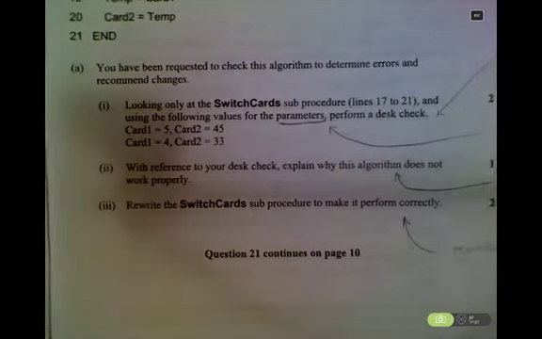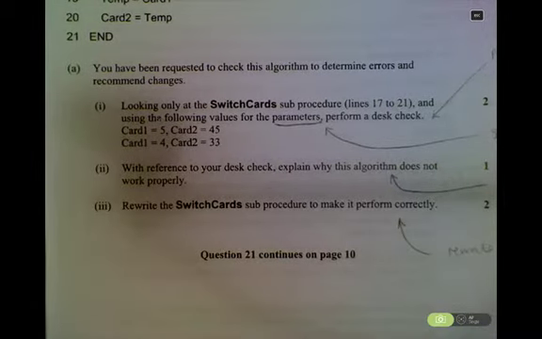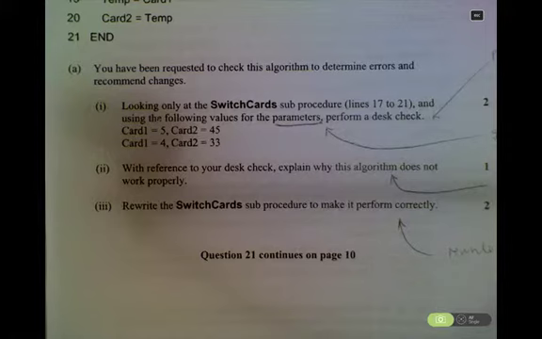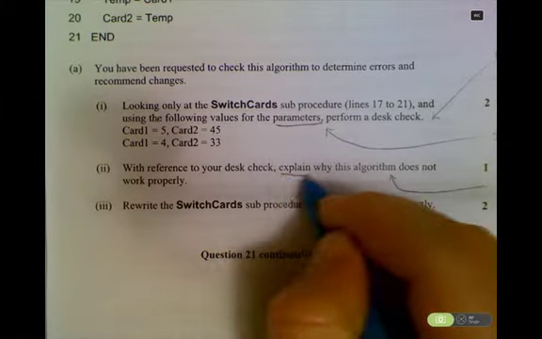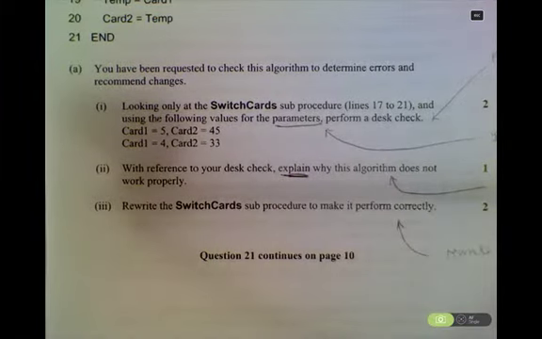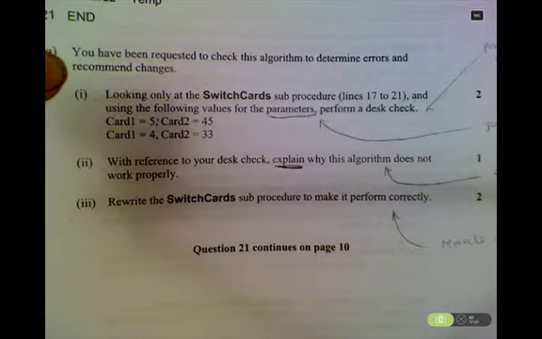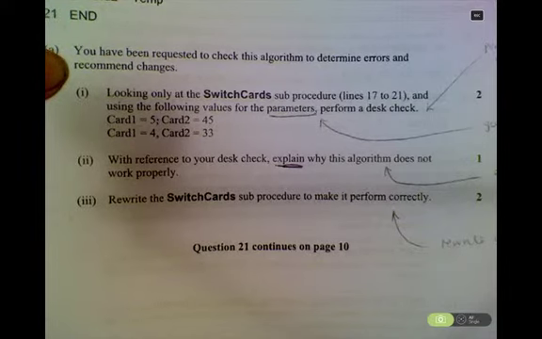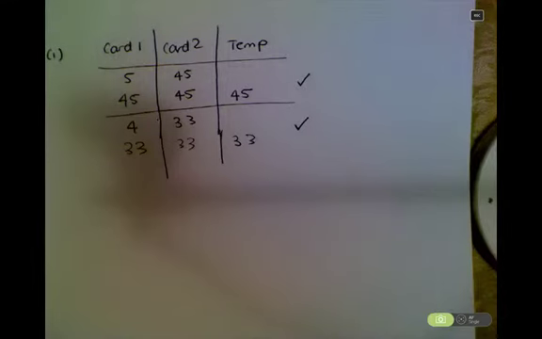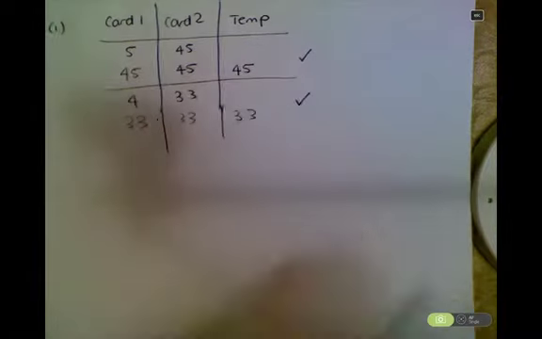If we look at the second question, it says, with reference to your desk check, explain why this algorithm does not work properly. One of the key terms here is explain, and we've got to provide an explanation. It's only for 1 mark, so you'd probably be looking at a sentence or two explaining why it doesn't work.